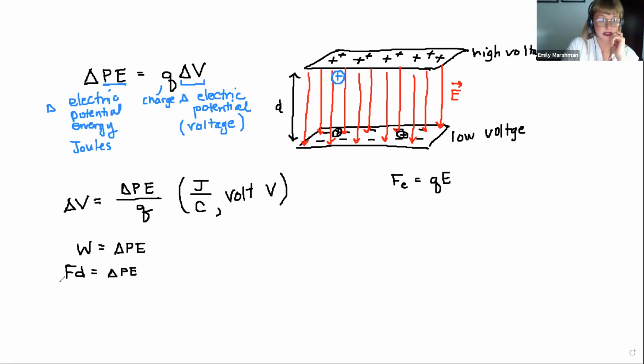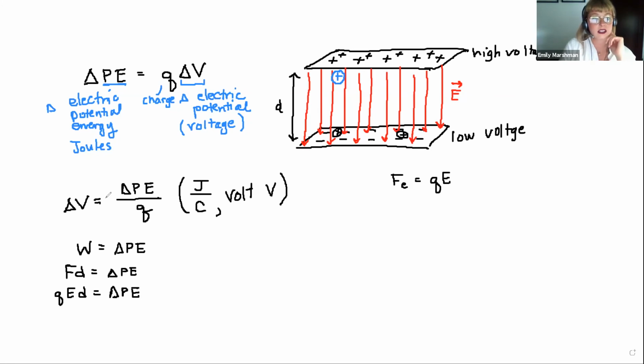So I'm going to replace that with QE over here. That is equal to the change in the potential energy. So I push this thing from the bottom plate to the top plate, I'm doing work on it, it's gaining potential energy. And in this case, the potential energy change is equal to QED.